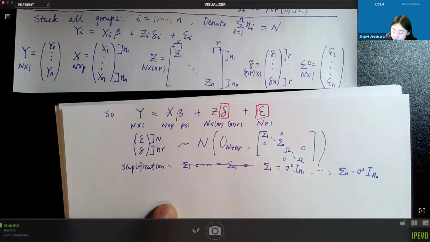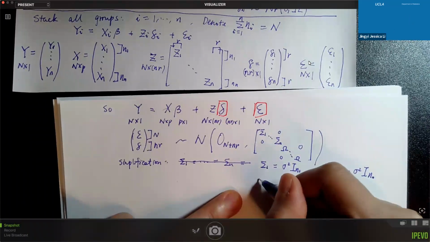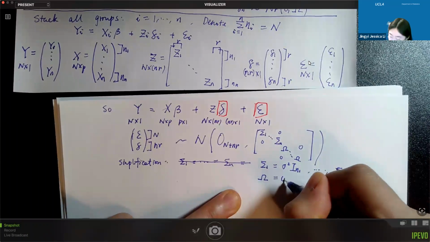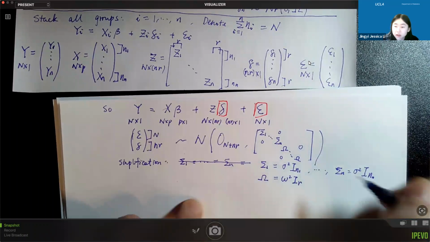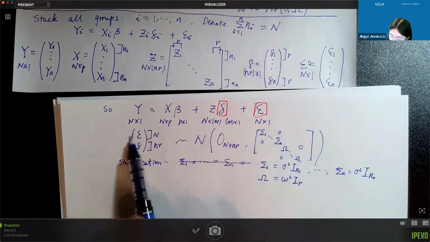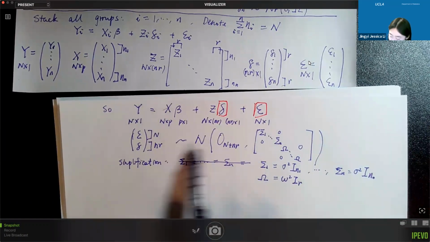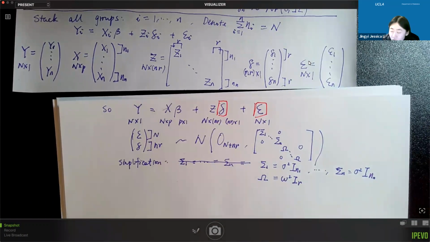Okay, that's the most simplified version. And I could assume that all the omegas are just omega squared with identity matrix of dimension R. I could also assume that. So if I do this, I basically reduce the layers of parameters in this layer to just two single parameters, sigma squared and omega squared.